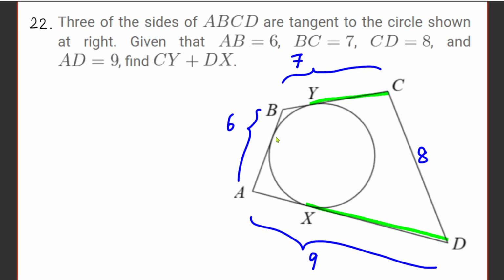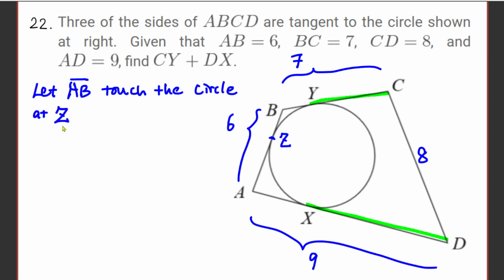Okay, let's label this point as Z in order to facilitate our discussion. So first of all, let's state what point Z is. We let segment AB touch the circle at point Z. We are given that BZ plus AZ equals AB, which is 6, right?